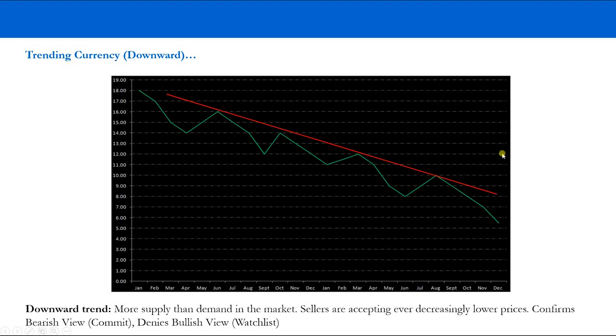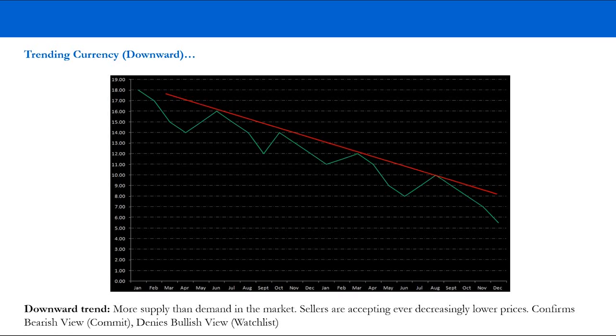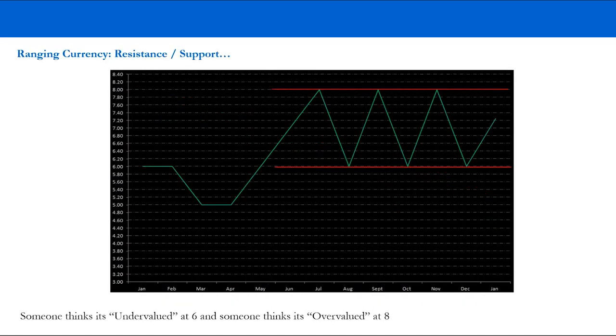So we have a breakout of the well-defined downward trend, and then you will get a green light to put on, in terms of better timing, your fundamental bullish position. So that basically gives us a full overview of trending upwards and downwards currency pairs.